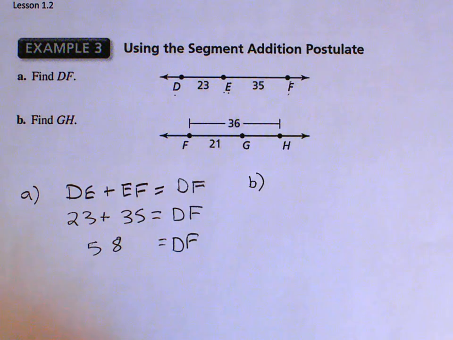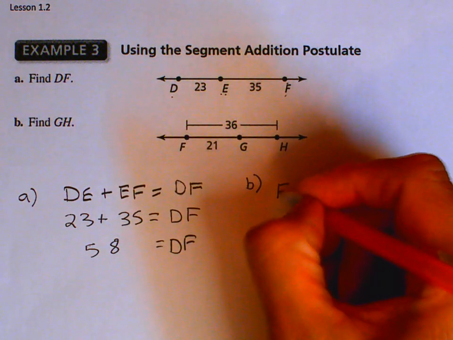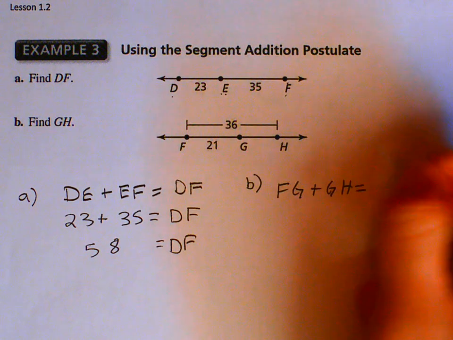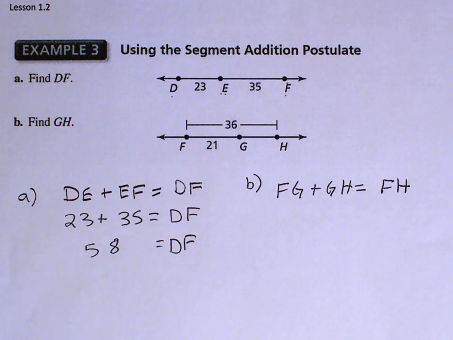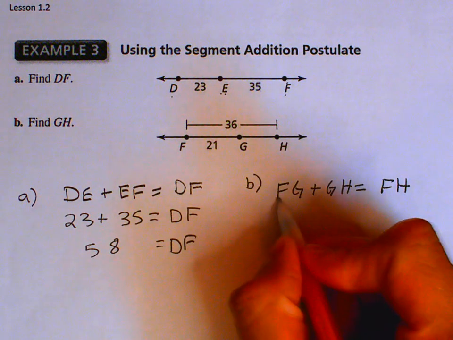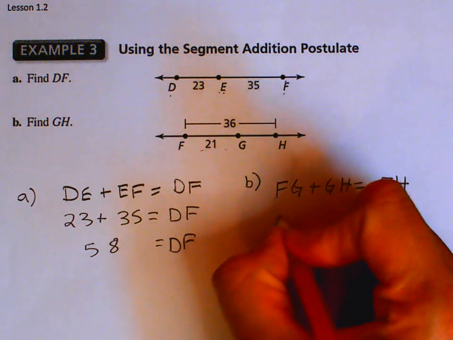Now here's the same idea. FG plus GH is equal to the whole segment FH. Looking at the diagram, what information do I have? I'm looking for GH. What is the length of segment FG? FG is 21 units.